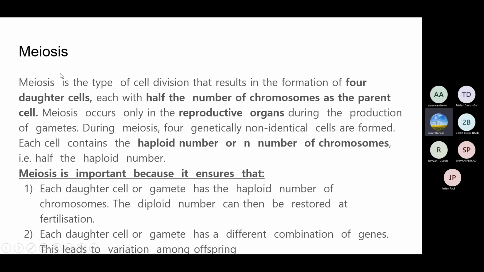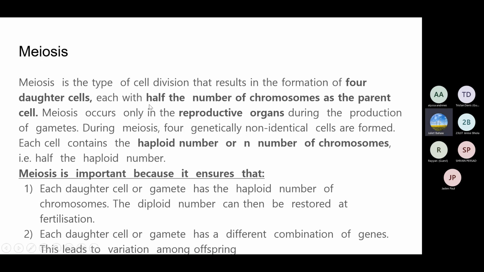Now, meiosis tends to form four daughter cells. Where you notice mitosis forming two, this one forms four because two divisions are taking place that result in four daughter cells. You'll see it in the figure.